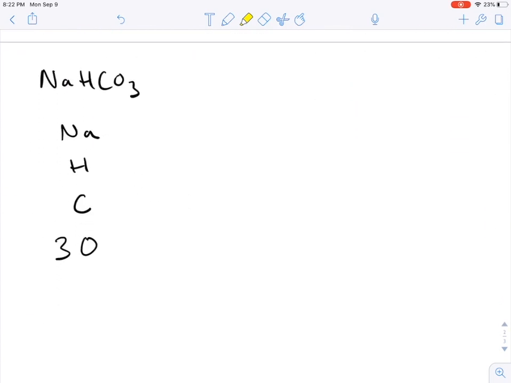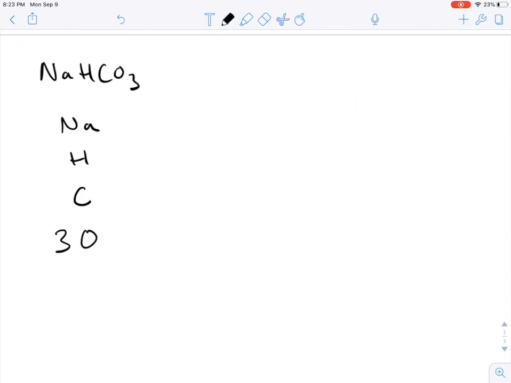So coming back to this, according to the periodic table, sodium weighs around 23 grams per mole. As mentioned earlier, hydrogen weighs around 1.0 grams per mole. We know carbon, according to the periodic table, weighs 12 grams per mole. I always like to write my units here, guys.